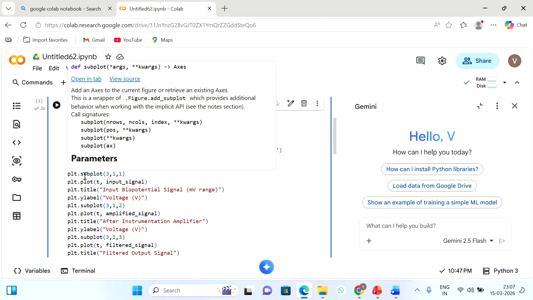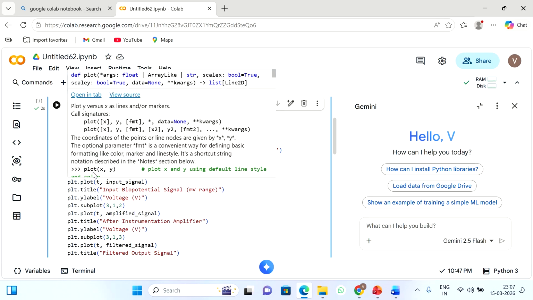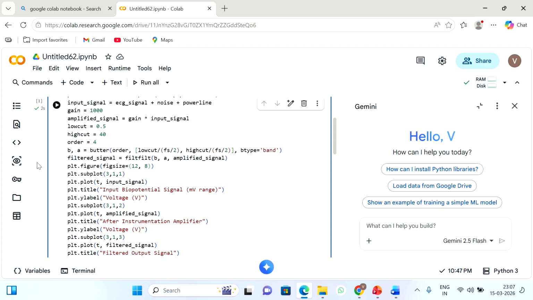And then we have to plot the figure. So plt.figure, open bracket, figsize is equal to 12 comma 8. This creates a figure window for plotting, width 12 inches and height 8 inches.